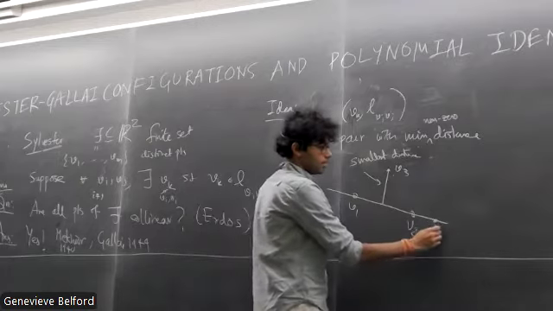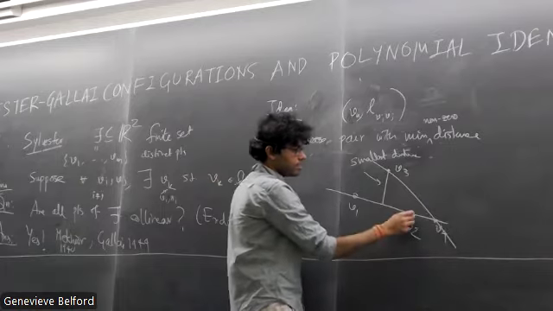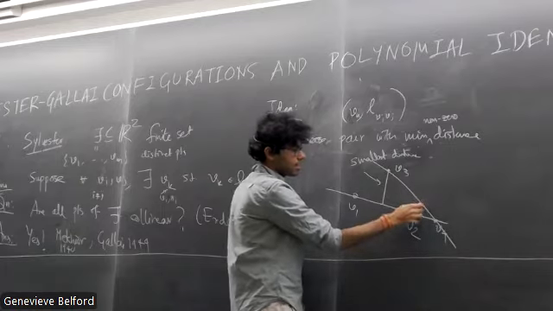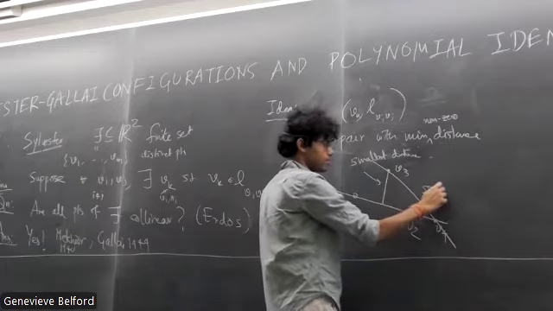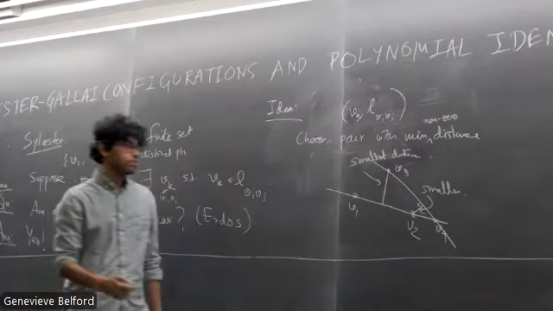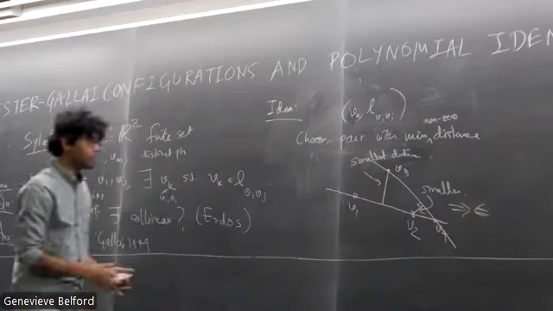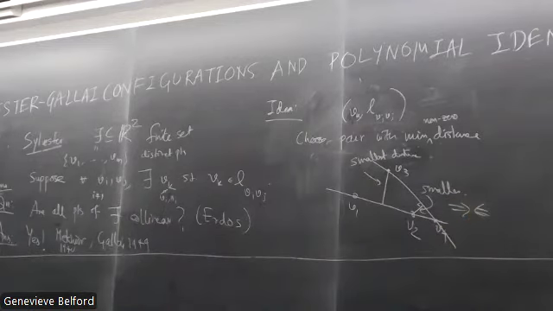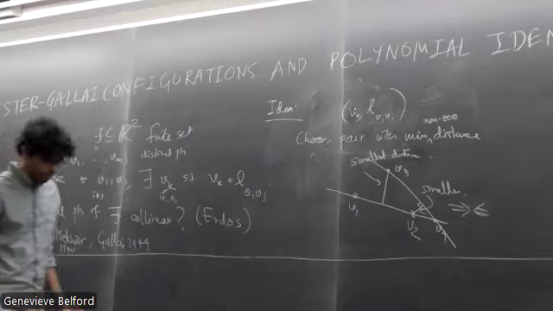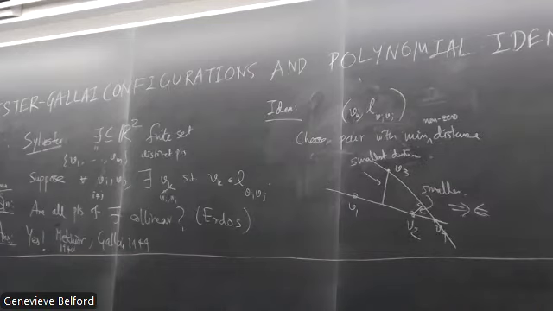Let's say V4 is here. Now, if you join this line, you will see that this distance is smaller. So that's a contradiction. And so that means that they all had to be collinear. Okay, so this has a really simple argument. Yeah, any questions?